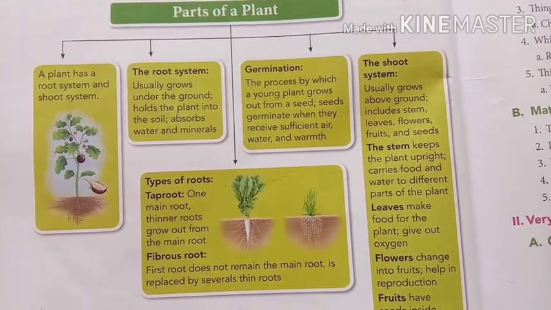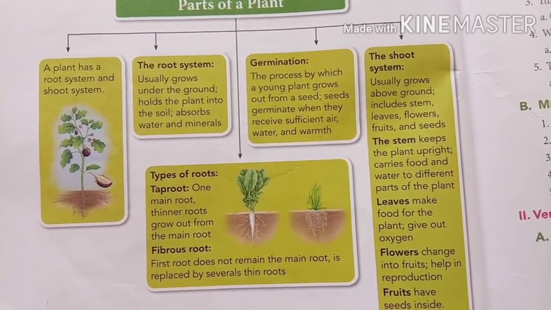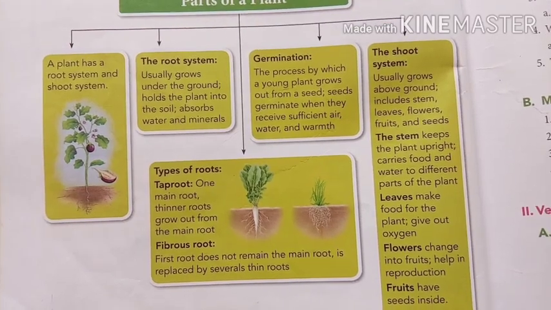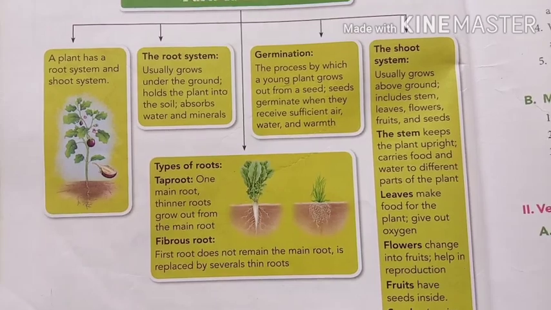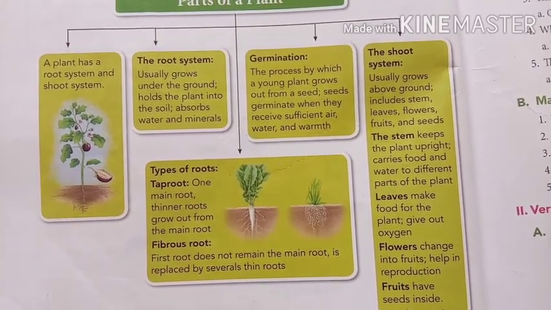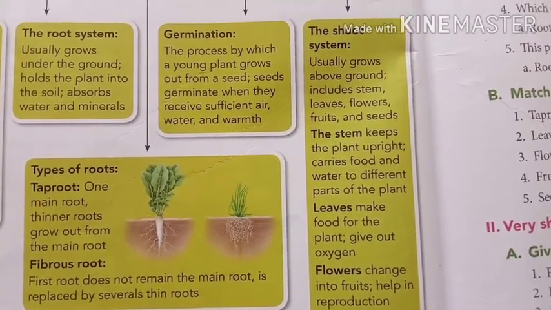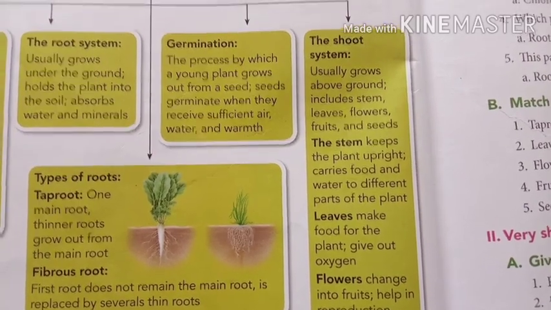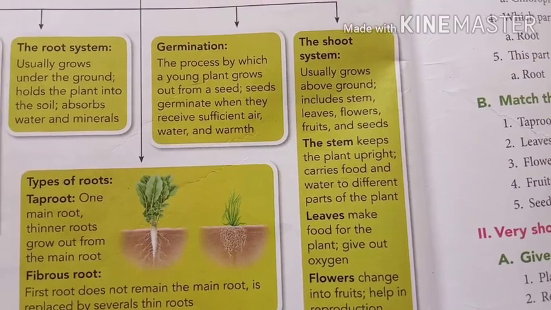And also we have learned about the functions of the part, right. Which function, which parts of the plant they perform and they do. So let's recall the functions of them. So first is stem. Stem keep the plant upright, carries food and water to different parts of the plant.